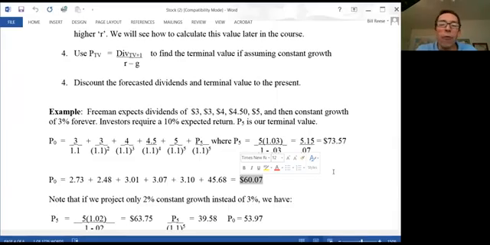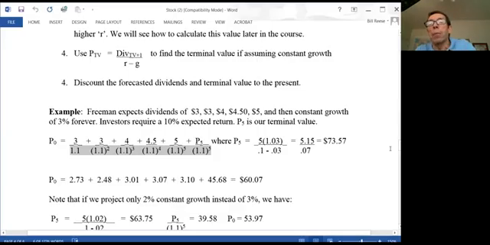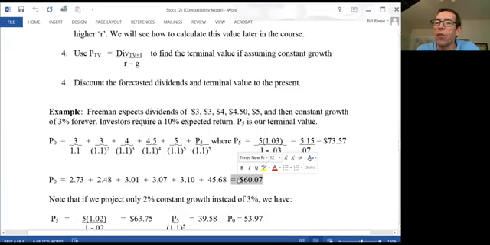We said, if all of those things come true, if those dividends come true exactly as projected, and the price at time 5 is $73.57, then in order to get a 10% return, we needed to have it priced at $60.07. That's what we did when we discounted it all at 10%. Discounting all this at 10% said, in order to earn that 10% return, what does the price need to be? Well, it needs to be $60.07.